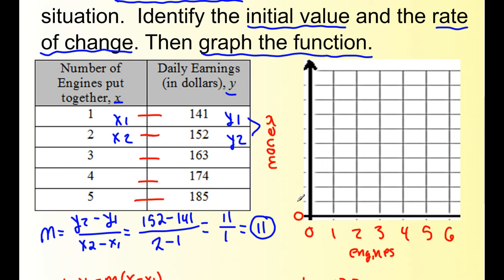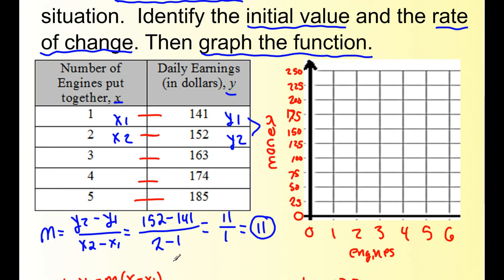A nice number in between would be 25: 0, 25, 50, 75, 100, 125, 150, 175, 200. Sure, that seems about right. Let's do 25s: 25, 50, 75, 100, 125, 150, 175, 200, 225, and 250.